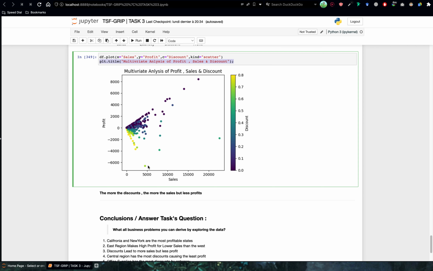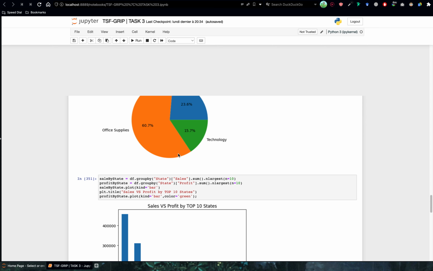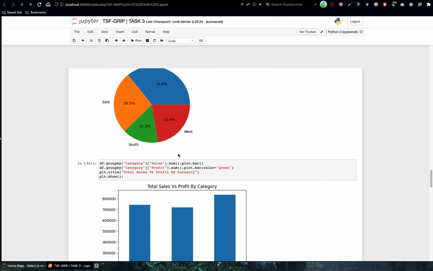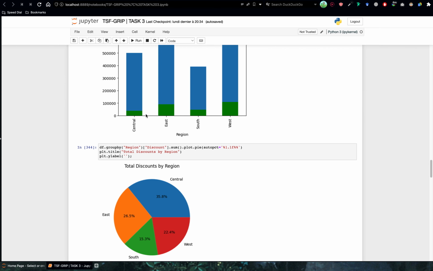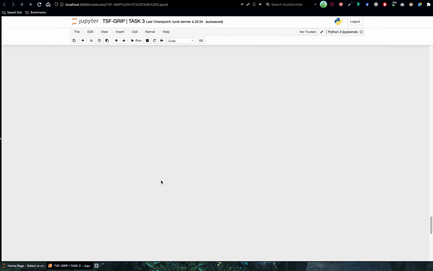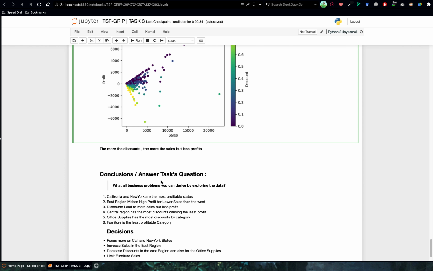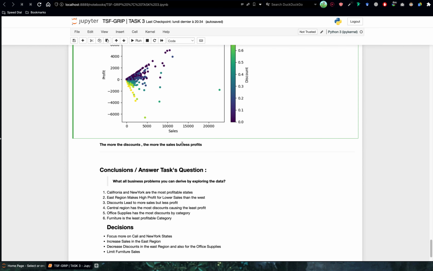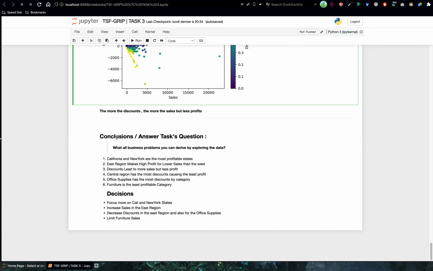You can see here we are making more sales but less profit when the discount is very high. That's why the Central area is making very low profit, because it has, for example, the most discounts by region. So yes, the more discounts, the more sales, but less profit.